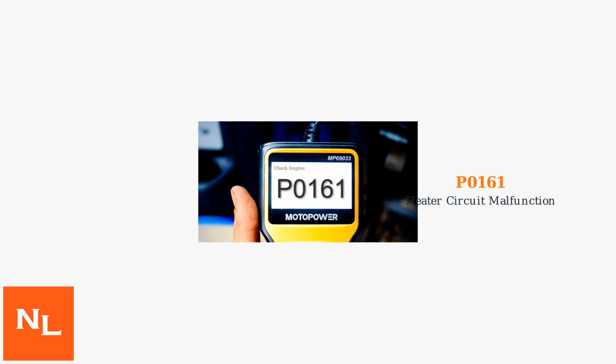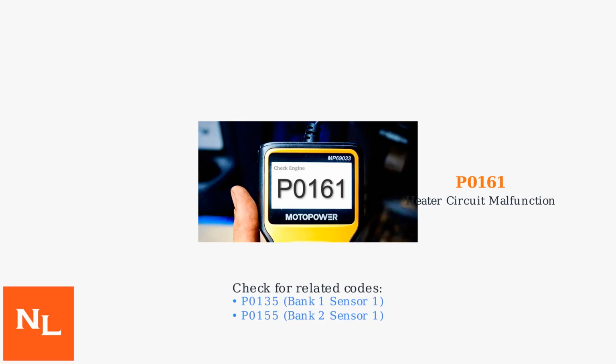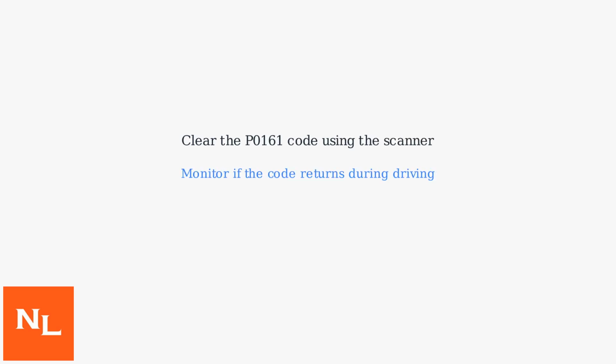Connect the scanner to the vehicle's diagnostic port. While scanning, check for related oxygen sensor codes, such as P0135 or P01V5, that might indicate broader issues. After confirming the code, clear it from the vehicle's memory using the scanner. Then test drive the vehicle to see if P0161 returns, which would confirm a persistent issue.